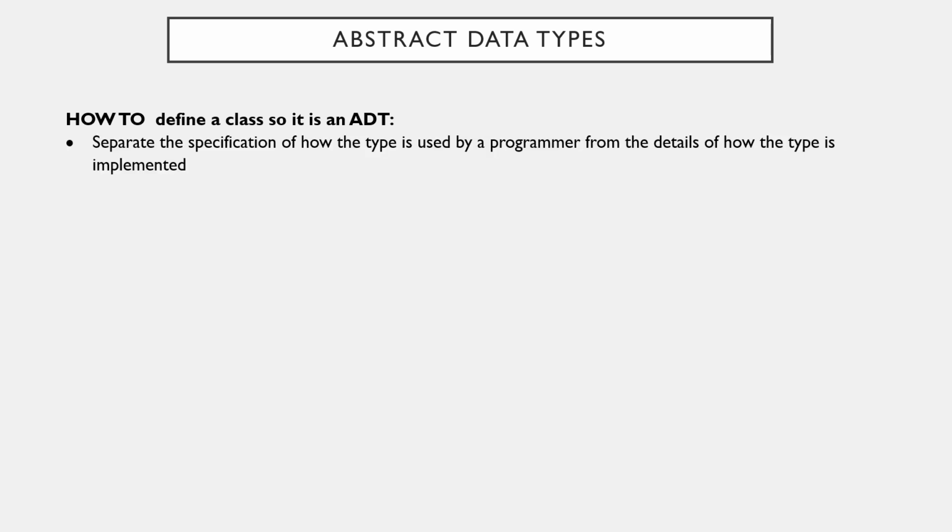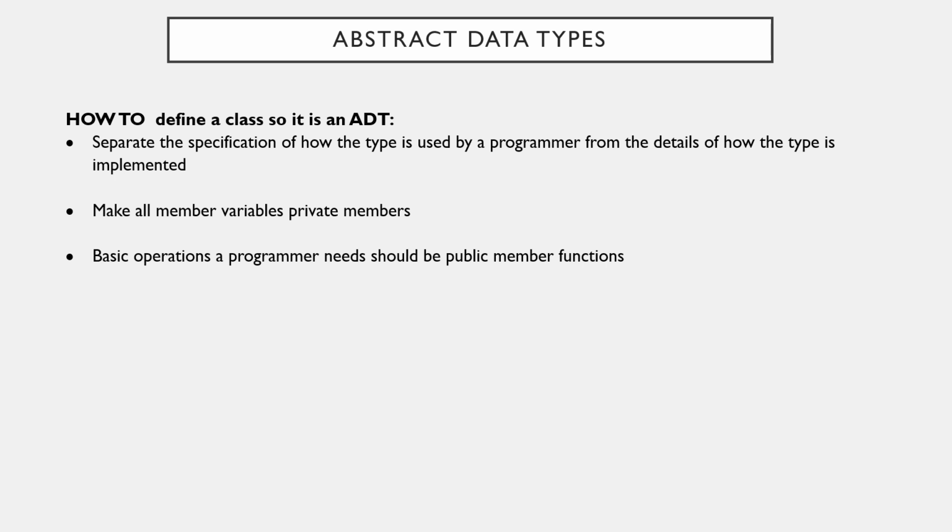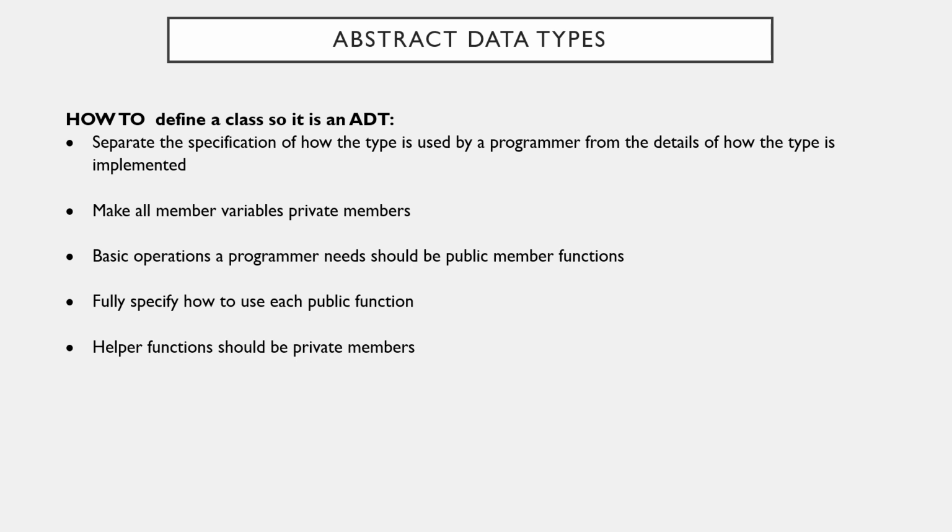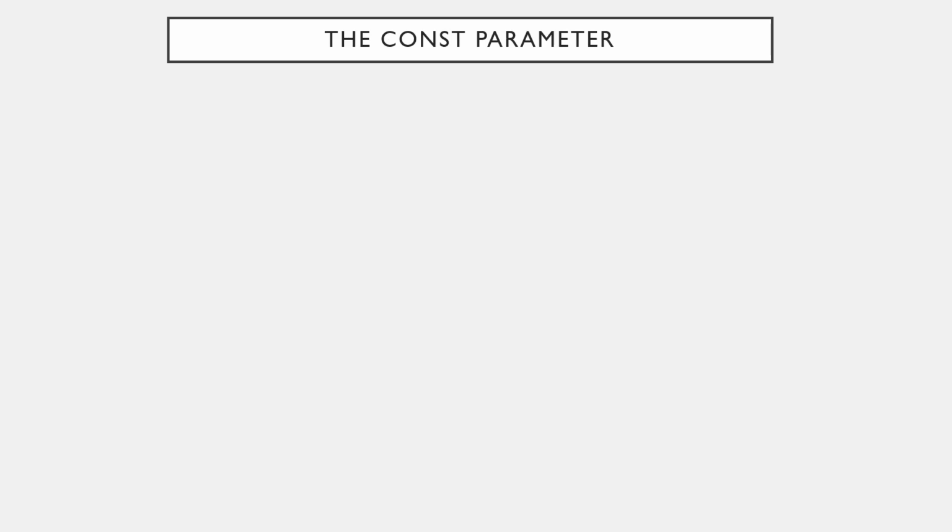So this is what I just said, how to define a class so that it is an abstract data type. You separate the specification of how it's used from the details and the implementation. So we're going to start by separating our declaration from our implementation. You make your member variables private and add accessor and mutator functions. Only make basic operations through public member functions. Give good comments, and explain how to use each public member function. If you have any helper functions, those that don't need to be accessed outside of your class, those should be private member functions.